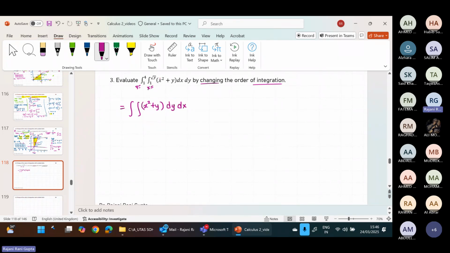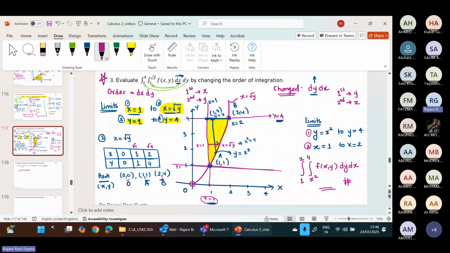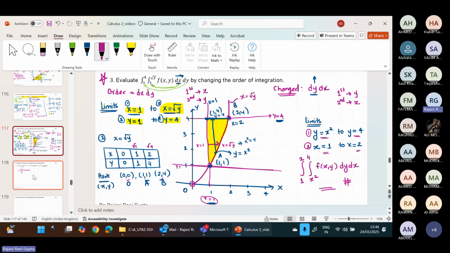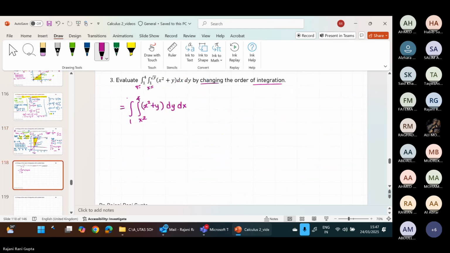Now, what are the changed limits? To change the limits, you have to do all this process to get the limits from here. y equal to x square to 4. And limits for x is from 1 to 2. So once you did this, you have nothing left. This is a normal integration like how you did in 3.2.